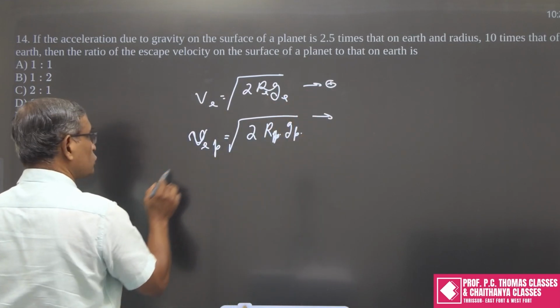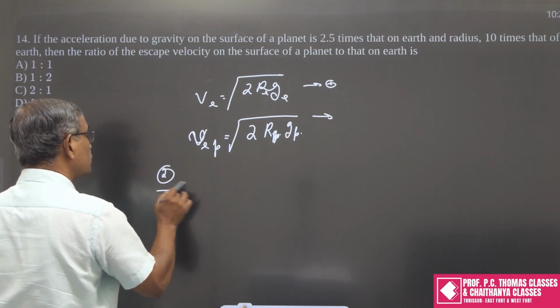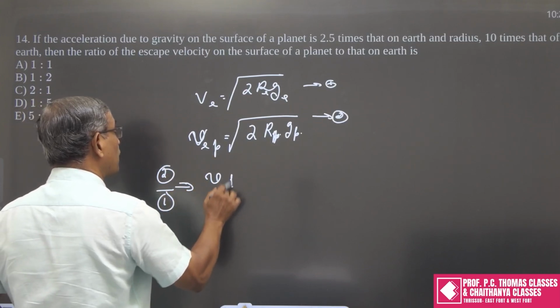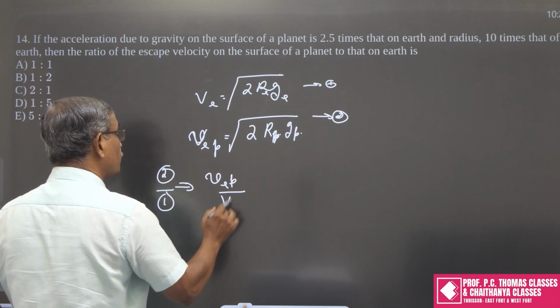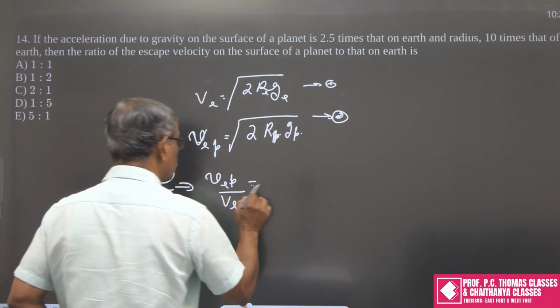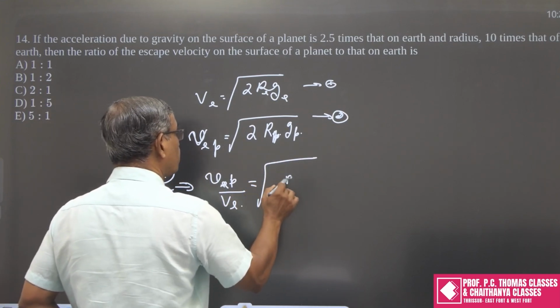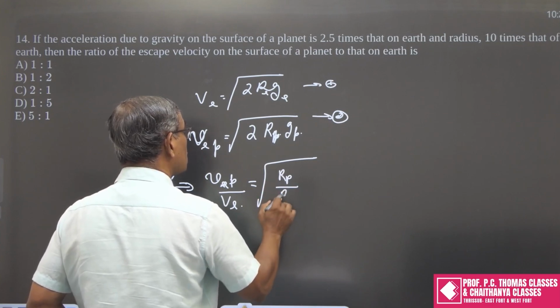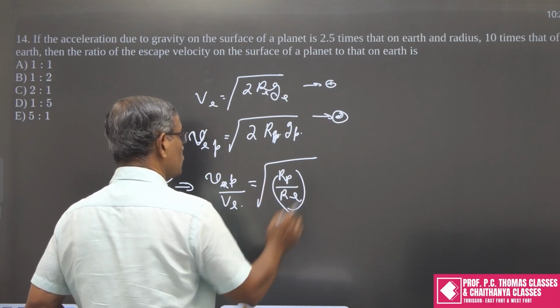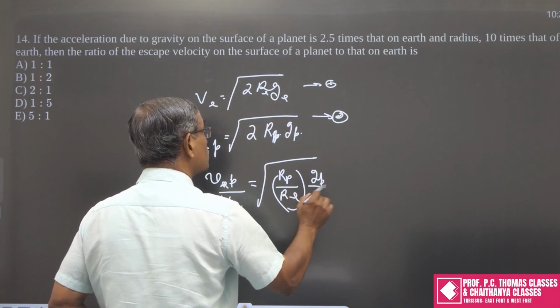The question asked is 2 by 1. This gives V escape from planet by V escape from Earth equal to root of Rp by Re into Gp by Ge.